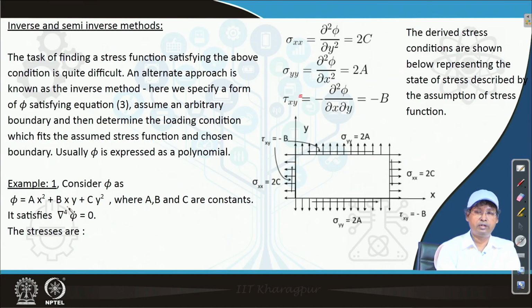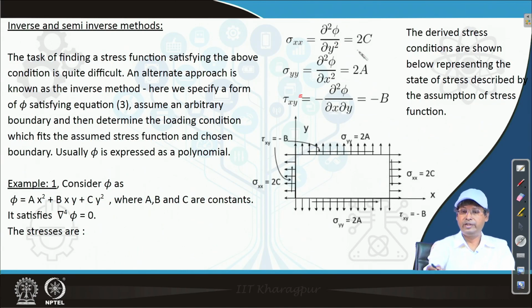The second term, the two consecutive second partial derivatives, also becomes 0, and the third part of the grad 4, the partial derivative with respect to y in fourth order, also makes it 0. So, it is satisfied. Once it is satisfied, the stresses are listed here.